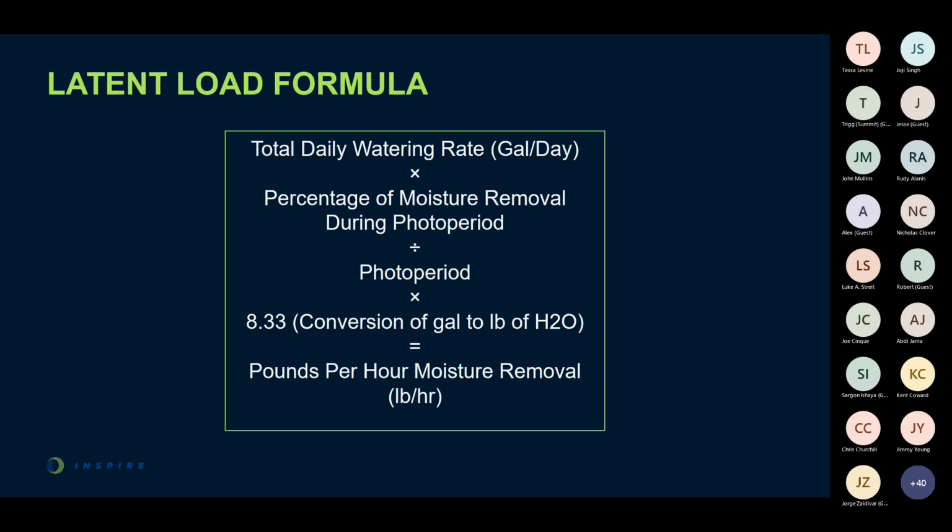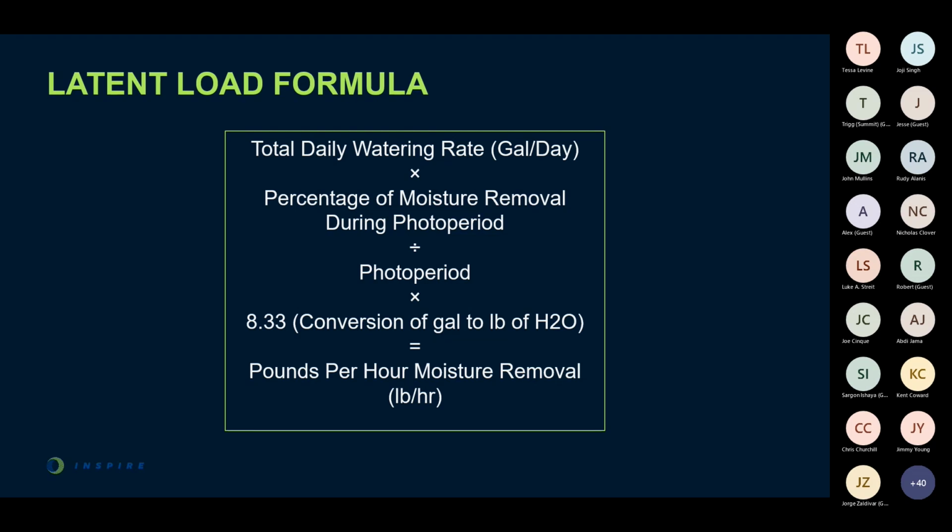So the latent loads are where an understanding of plant science, cultivation, and room dynamics become necessary. With no published standards, we came up with this formula at Inspire to calculate the latent load. The math itself is simple, but inputting the right values for each of these variables and understanding how they affect the system sizing is why we built a multidisciplinary team of plant scientists, cultivators, and engineers, and take a collaborative approach with our customers to understand their cultivation strategies.